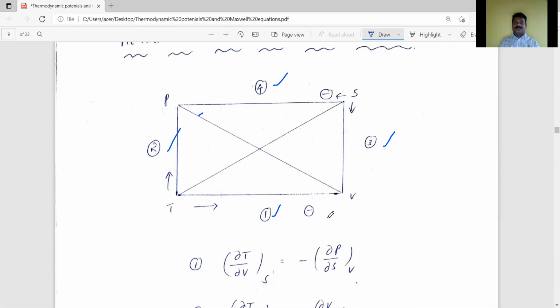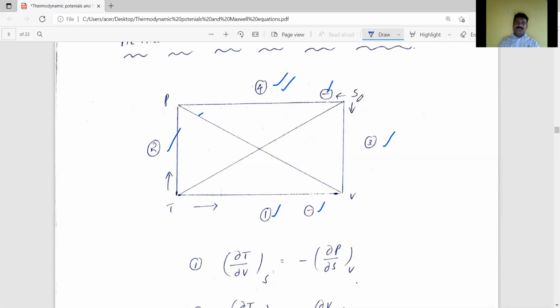After that, number 1 and number 4 should be shown with negative signs. So 1 is minus, similarly 4 is also minus.